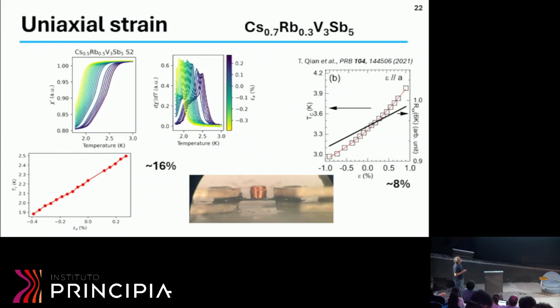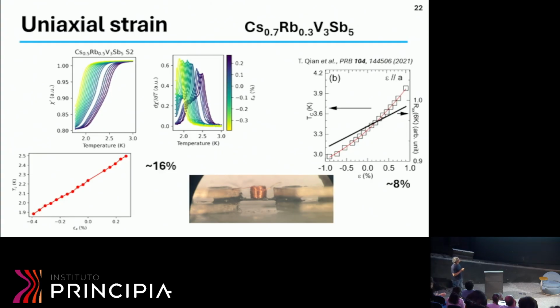So we also did some uniaxial strain measurements, and this is something that we just started. Here we see the derivative of the magnetic susceptibility. So we measured the magnetic susceptibility in the uniaxial strain cell. From the derivative, we can see two peaks, probably because the sample is not homogeneous, and we'll have to look at that.